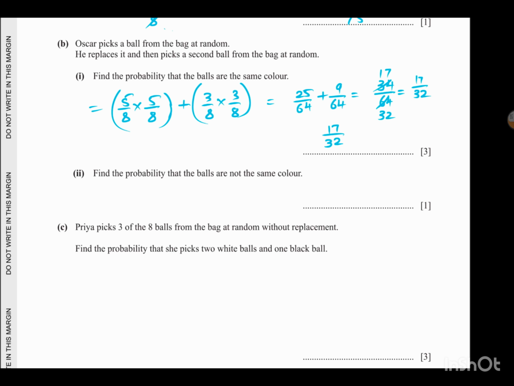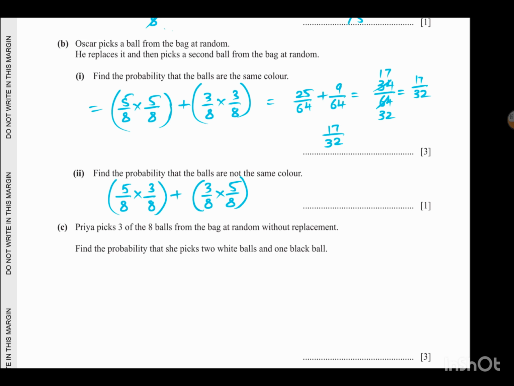So first, there is a white ball and then we get a black ball, and this will be the same if first is black and next is white.